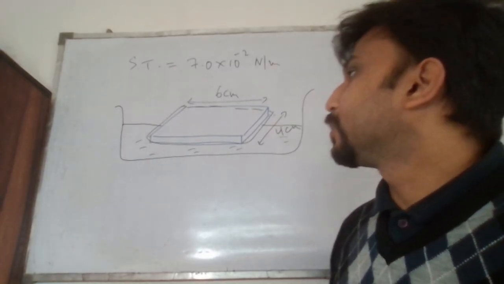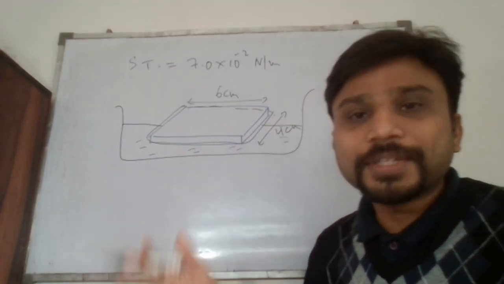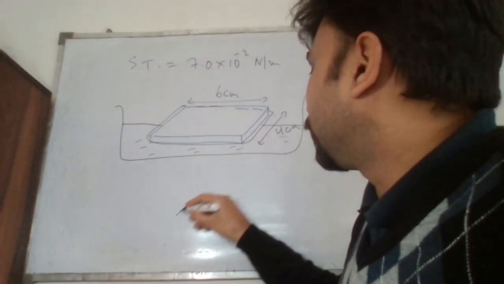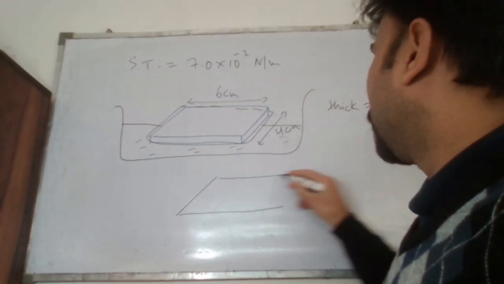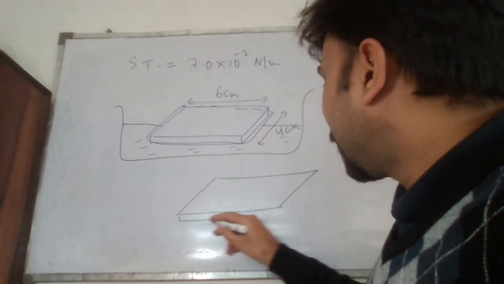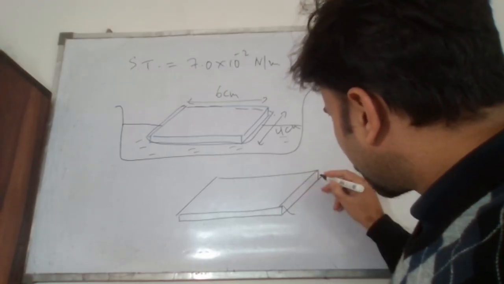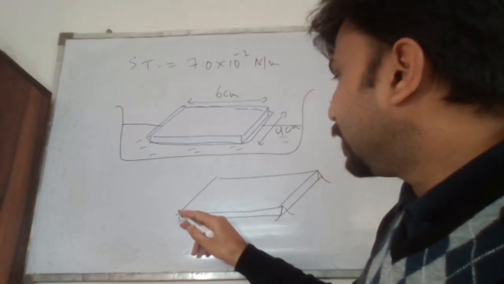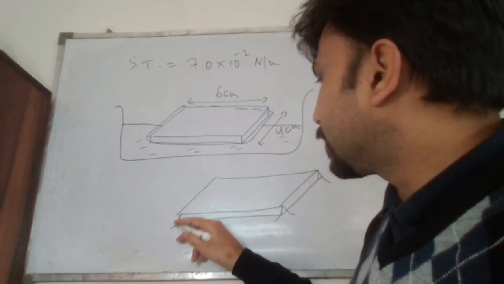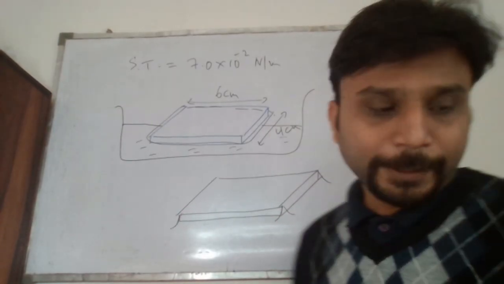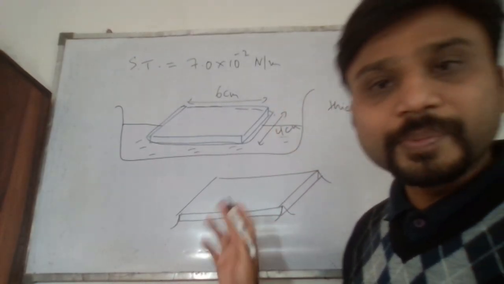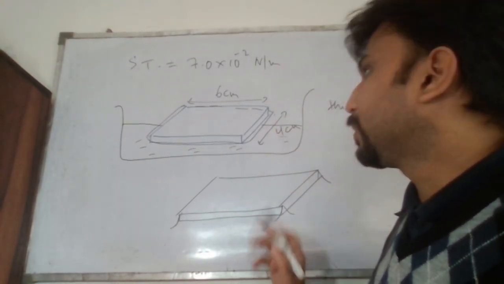The drawing is pretty poor, but I'll draw it in a better way. This is the plate which we have, and this is the kind of surface it is making. It is water only, actually.